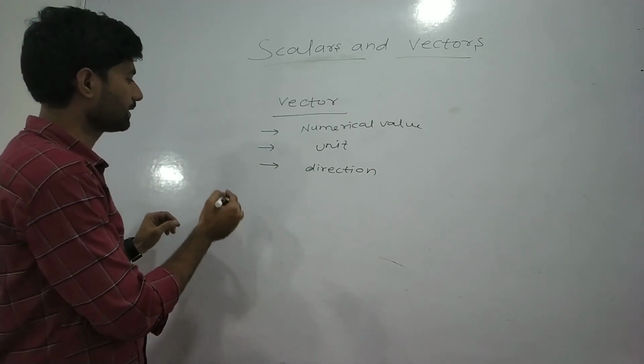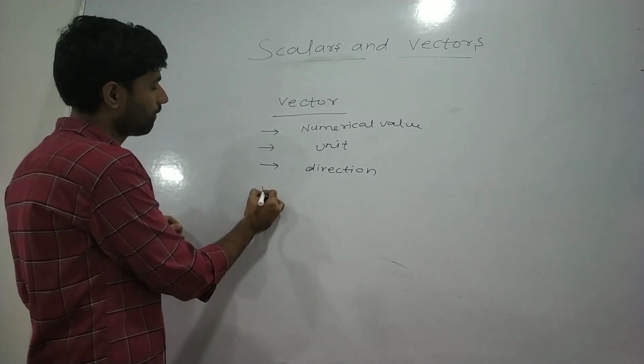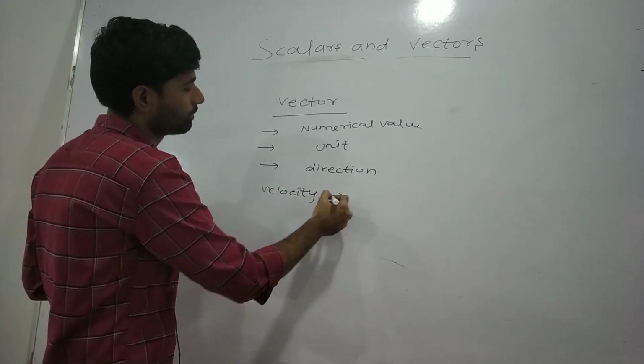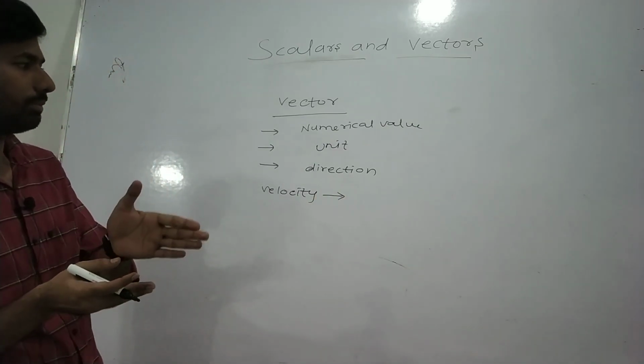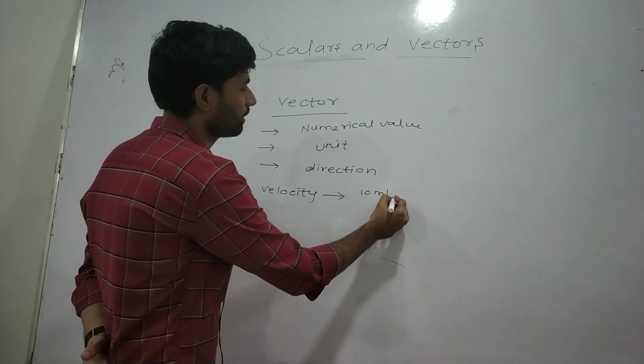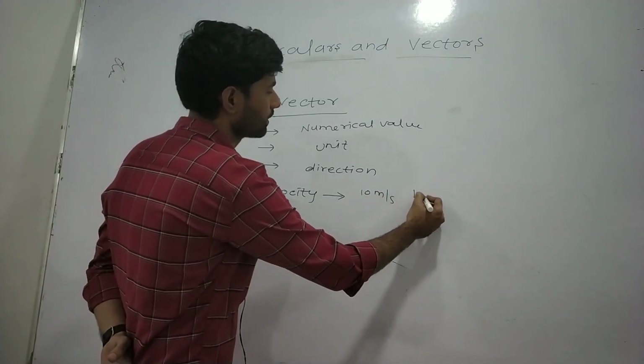Now for example, if we are talking in terms of velocity, I am going to say an object is moving with a velocity of 10 meter per second in the positive x-axis direction, let us suppose 10 meter per second in the west direction.